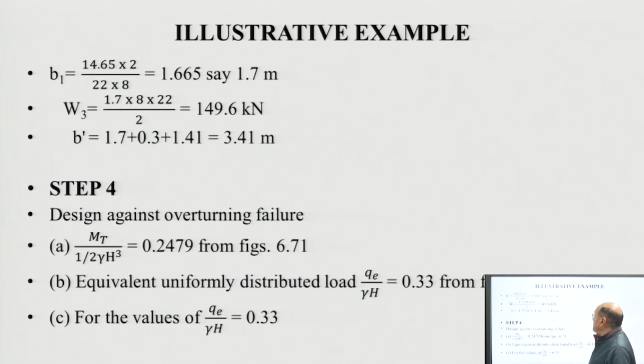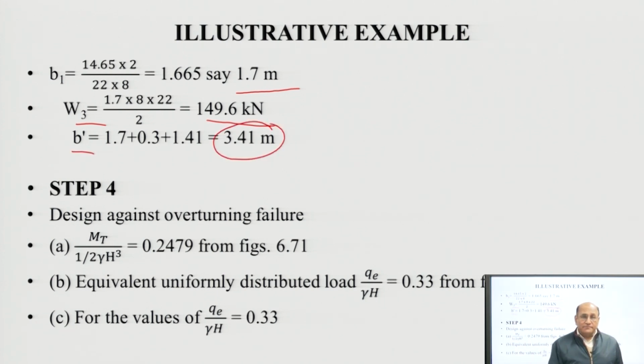Now, calculate B1, that will be 14.65 into 2 divided by 22 into 8, that will come 1.7 meter. So, W3 will be equal to 149.6 kilonewton and V dash will be 3.41 meter.